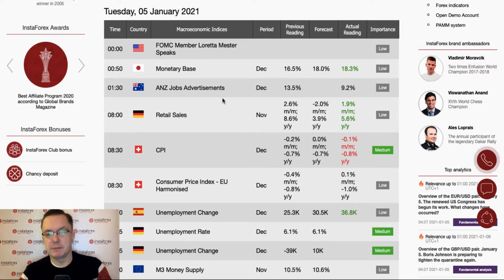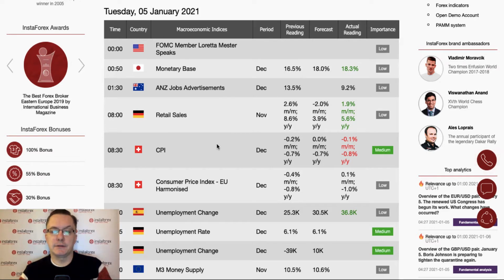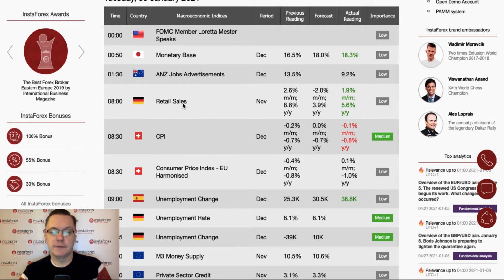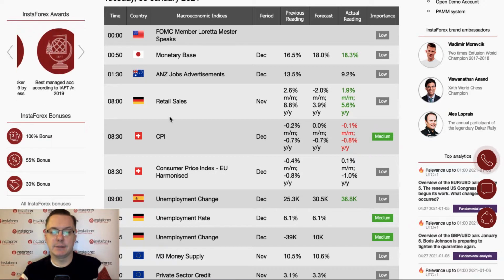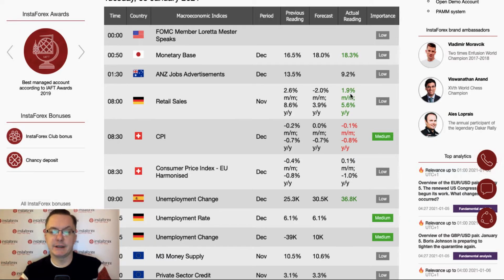Overnight, nothing much happened. We got data from Germany and from Switzerland. Germany retail sales beat the expectations. Very nice number, 1.9% versus the forecast of -2%.